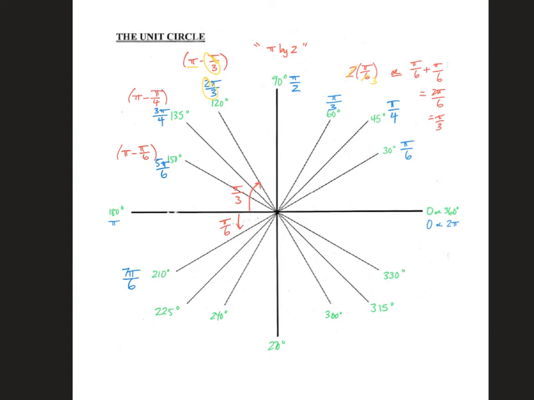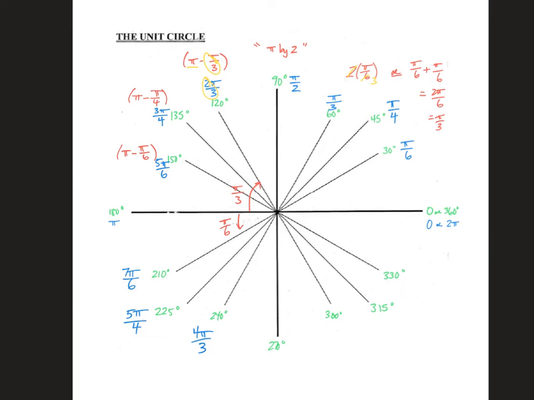So 1 plus a 1/4 is a 5/4, 5 pi by 4. For me to get to 240, I now need to go to pi and add on a pi by 3. So 1 add on a third would be 4/3, or 4 pi by 3.